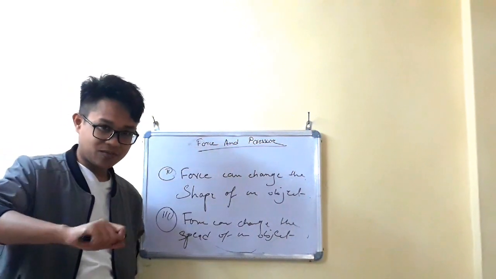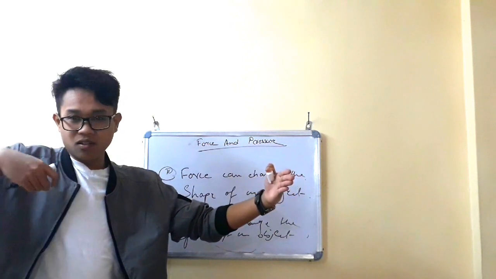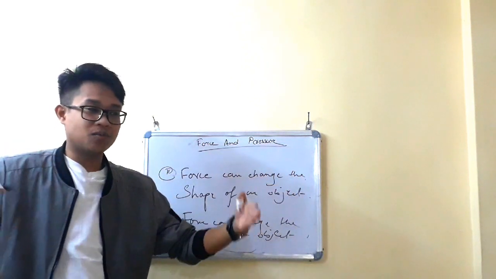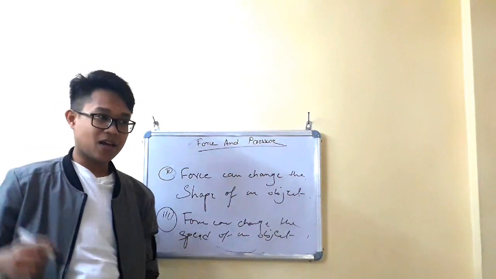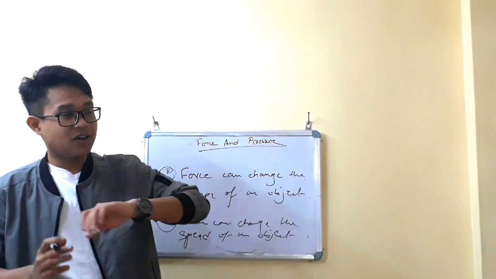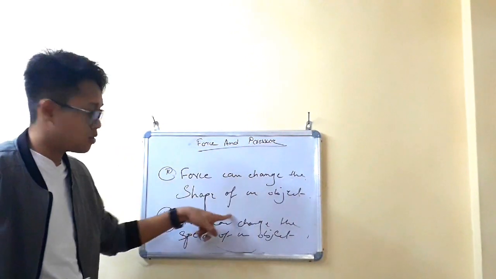When you apply more accelerator, the speed increases, right? Accelerator means applying force. More force is applied by the engine to the wheels. So by applying more force, we can achieve more speed. Force can change the speed of an object.